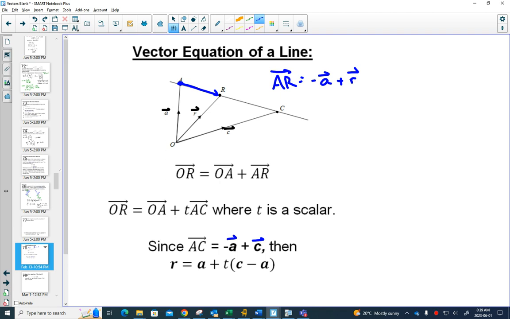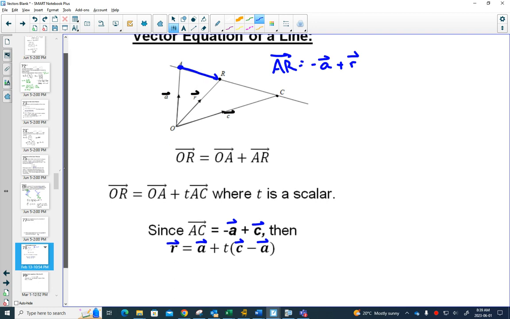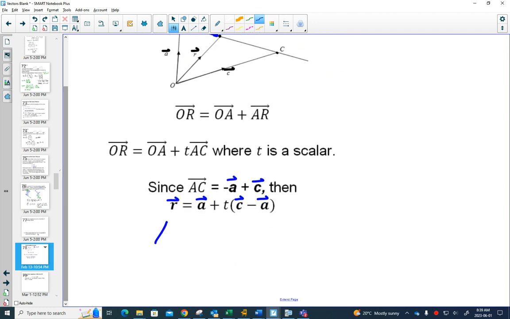This time I used A to C. We're going to label these. So R is any vector on the line.